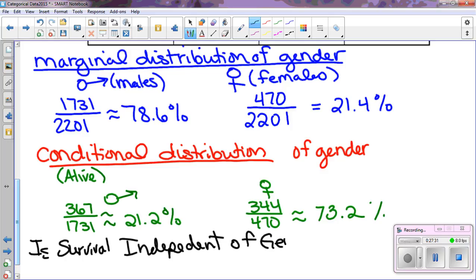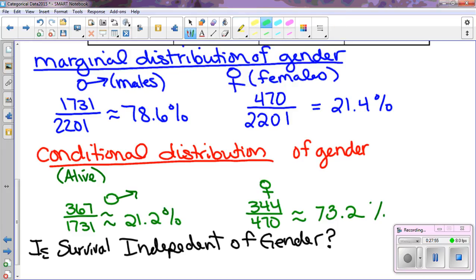And the information I have provided right above this question will answer it. So this is if you're going to write anything down, this is what you write down today. How do I answer this question? Because I guarantee it's going to come up again. 100% guaranteed. Is survival independent of gender?